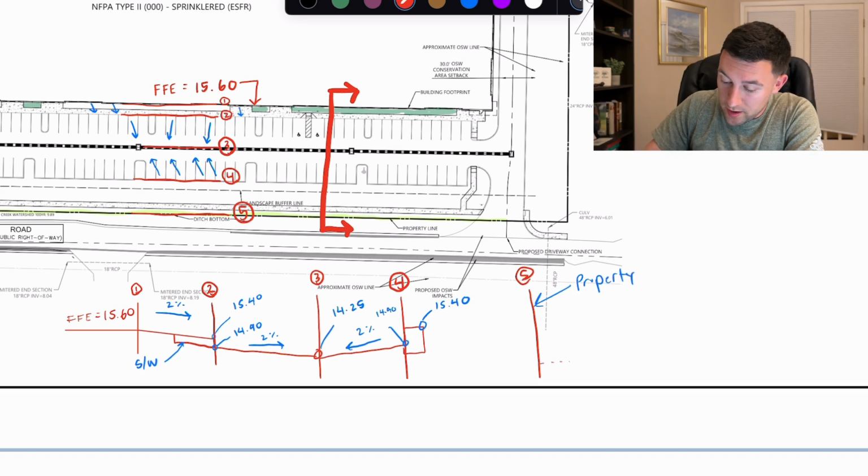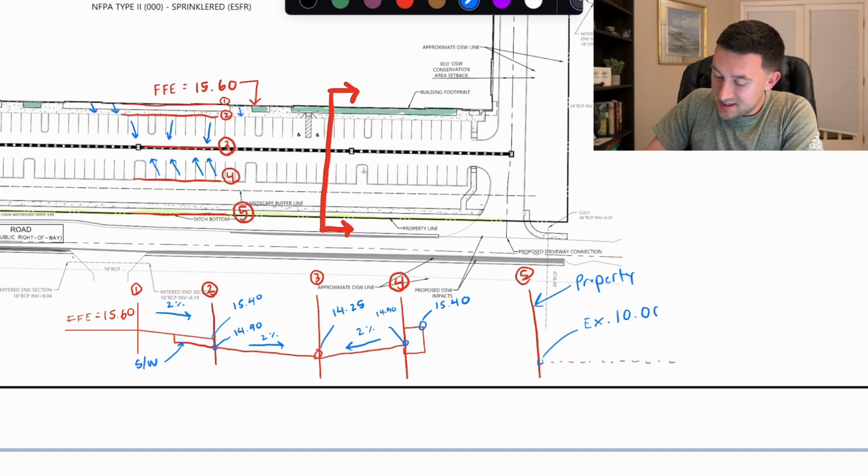So I'm just going to draw that over here. We have to get down to this existing elevation right here of 10. Well, obviously, that's way lower than 15.4. So we have to make sure that we're meeting our minimum slopes here. So let's kind of figure that out. So we have to be able to slope from this point. I'm going to show 2 feet flat down to match that existing grade.